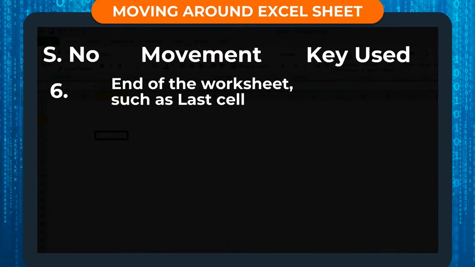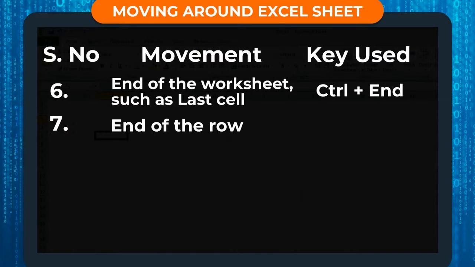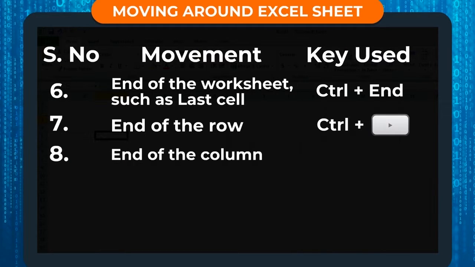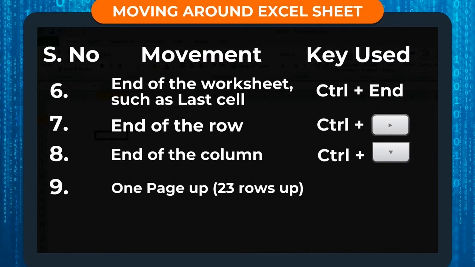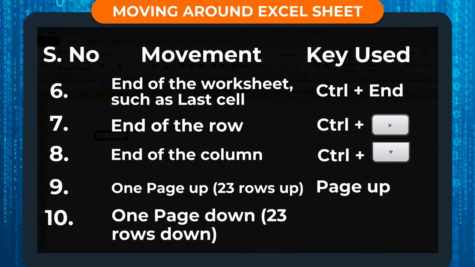End of the worksheet, the last cell: Control plus End. End of the row: Control plus right arrow. End of the column: Control plus down arrow. One page up, 23 rows up: Page Up. One page down, 23 rows down: Page Down.